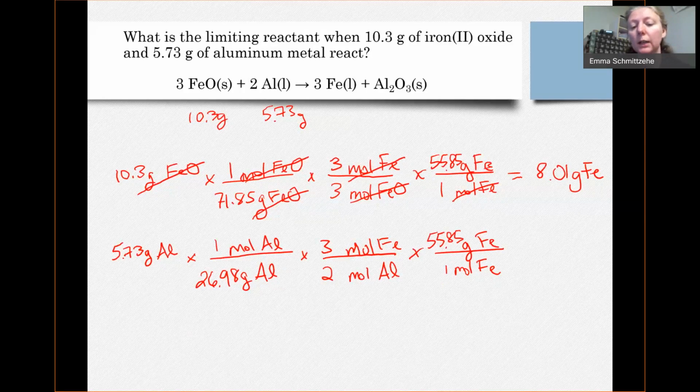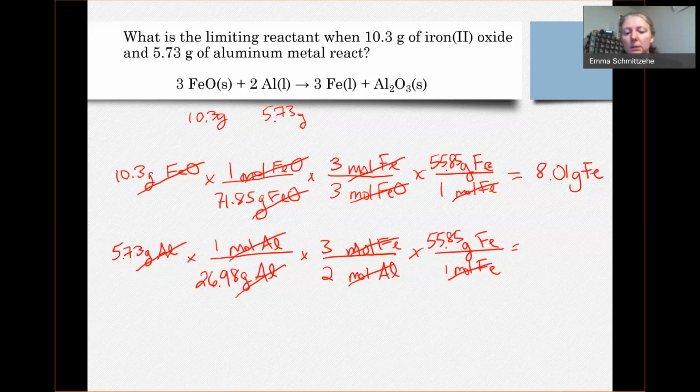So this all is going to cancel my grams of aluminum, my moles of aluminum, and moles of iron and give me grams. And so we can type this in a calculator and get 5.73 divided by 26.98 times 3 divided by 2 times 55.85.